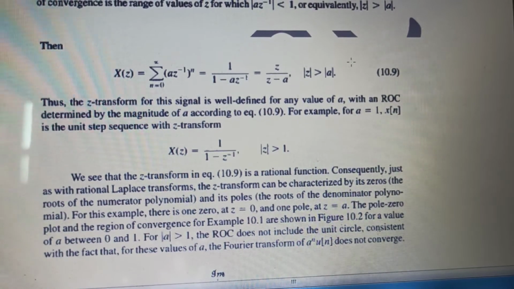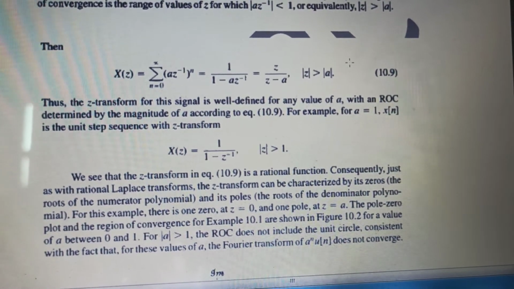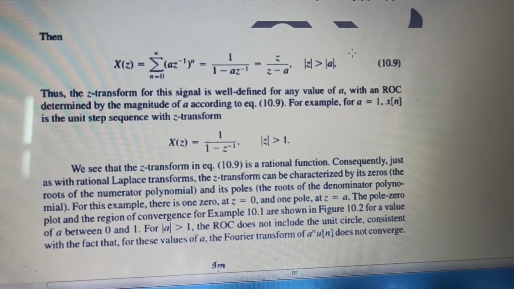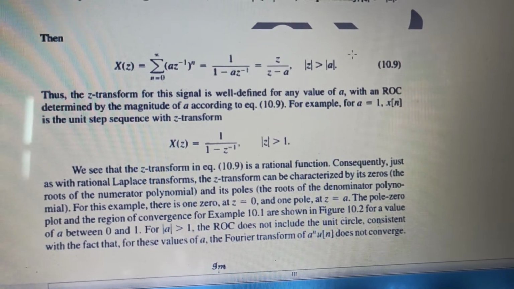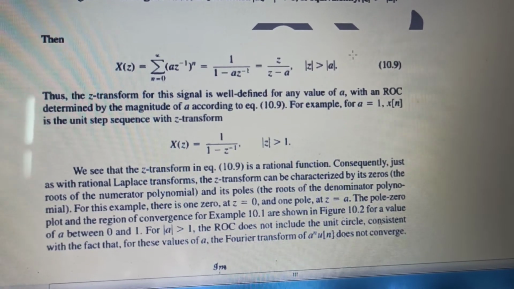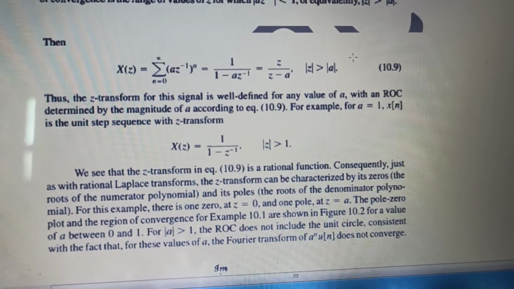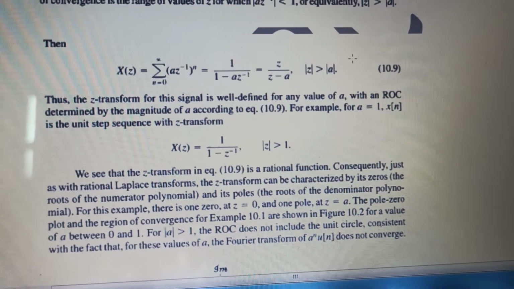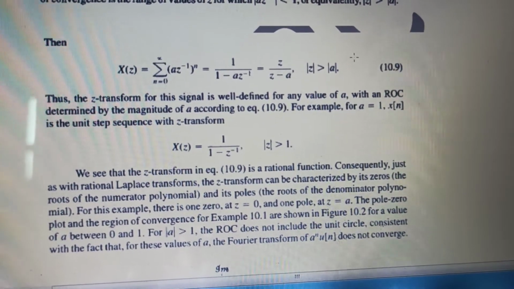Now a very important thing that needs to be taken care of is that if you look at this system, that is X(z) equals z upon z minus a, then it will show you that it is having a pole at z equals a and a 0 at z equals 0. Is it clear?